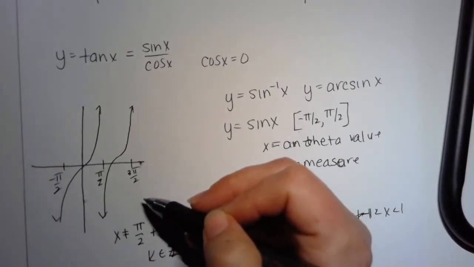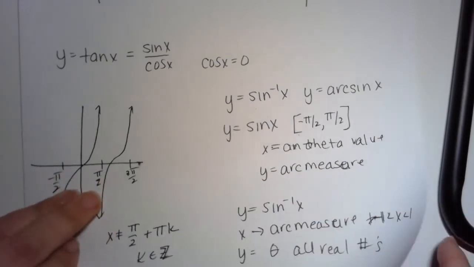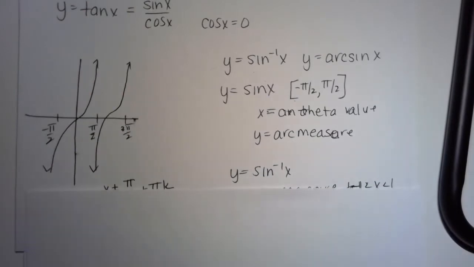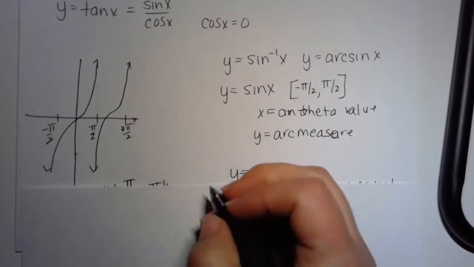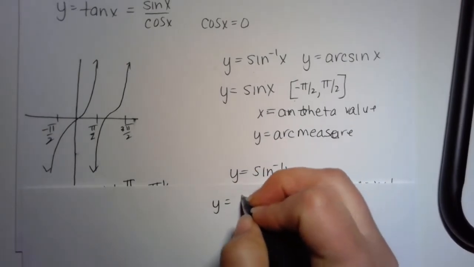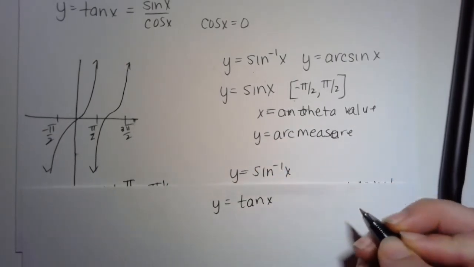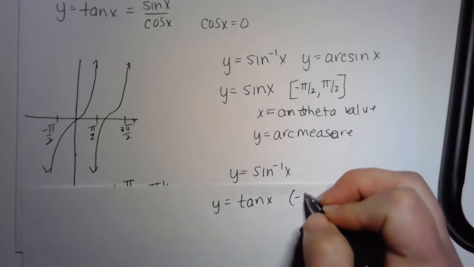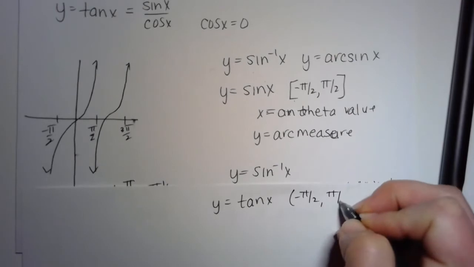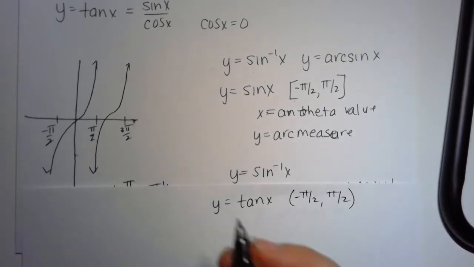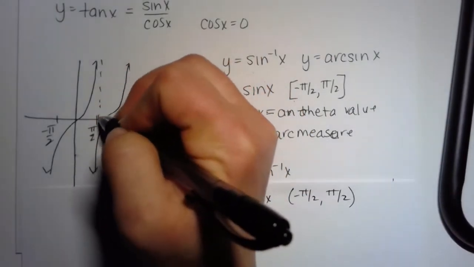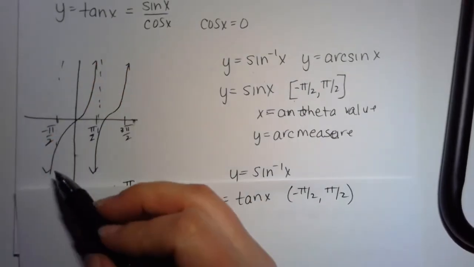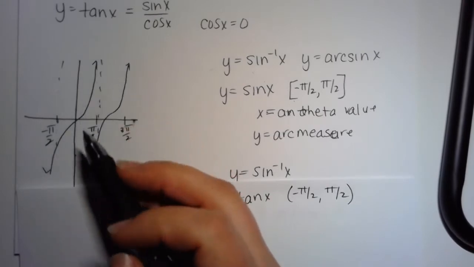So it's almost the same as where I'm going to restrict sine, it's just that I'm not going to include the endpoints. So for y equals tangent of x, to restrict its domain to have an inverse, it will be from negative pi over 2 to pi over 2 with brackets not included, because these are actually vertical asymptotes at these places. So we're going to keep tangent to just the middle piece. It catches all the y values here.